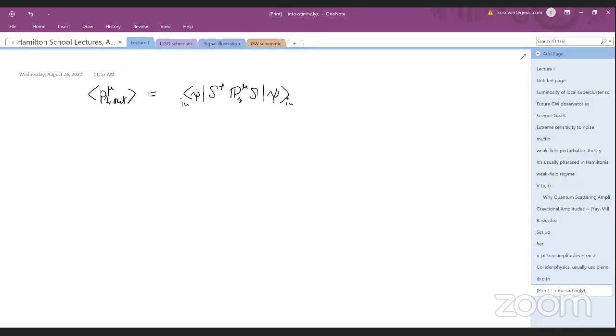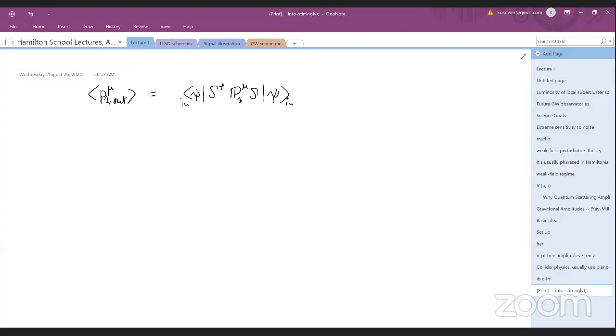Much of our discussion today and the first part of Friday morning will be understanding how to turn this formula into an integral, and then evaluate that integral, which gives us the classical result.